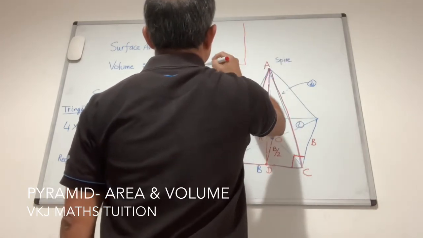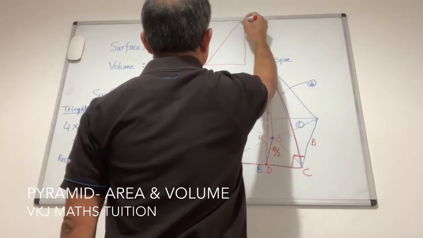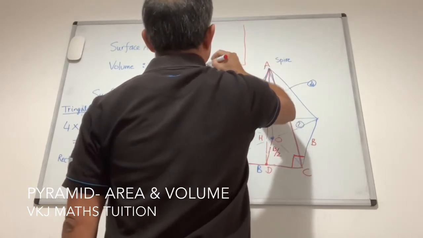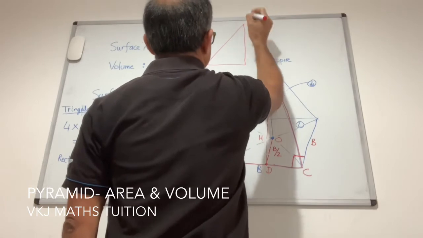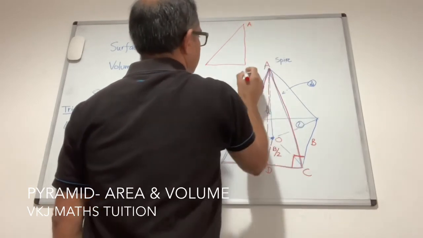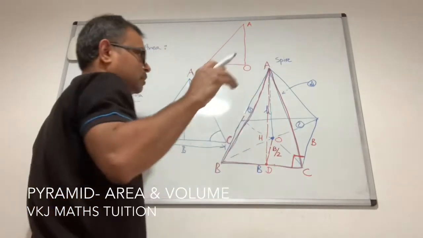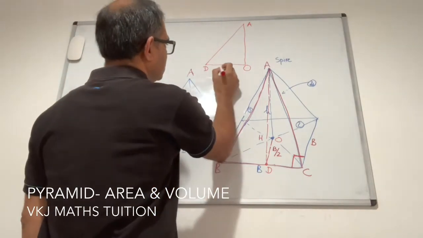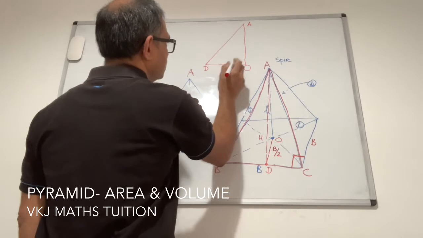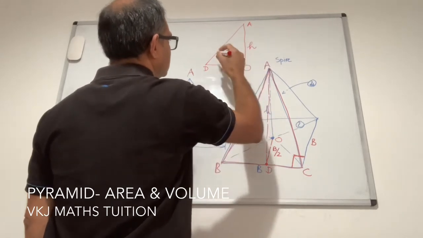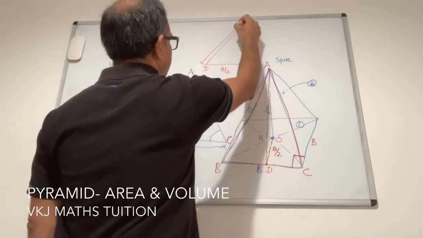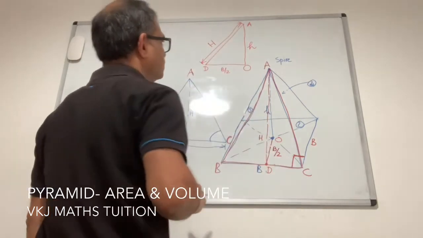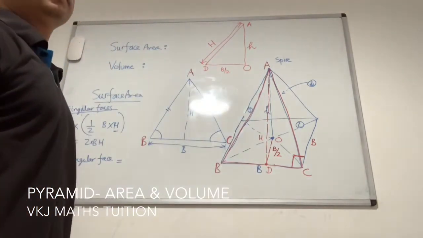So point A is here, O is the center, and D is here. And this length is B by 2, and this is your height h, and this is that capital H which I am asking you to find. How can you find that capital H?